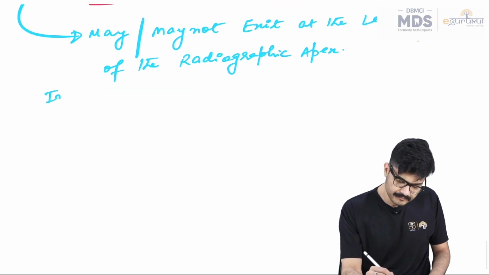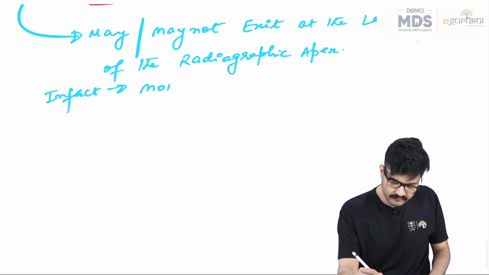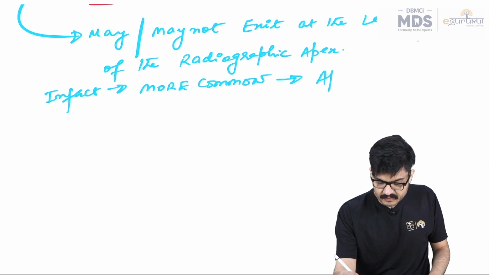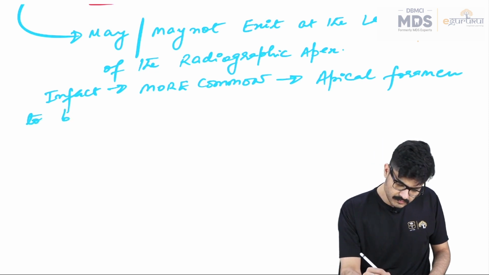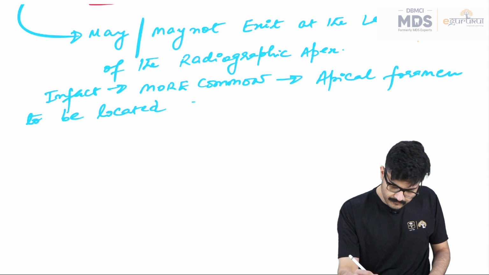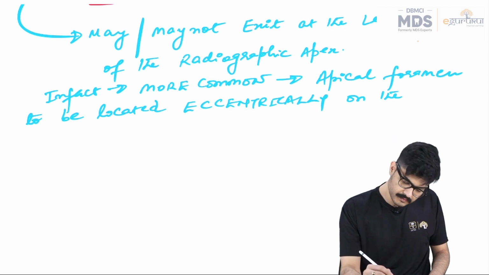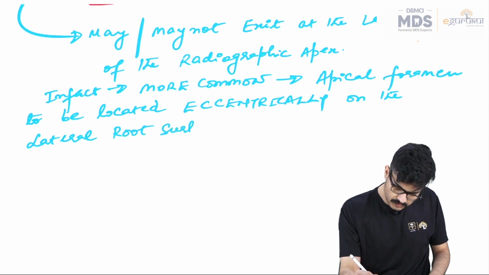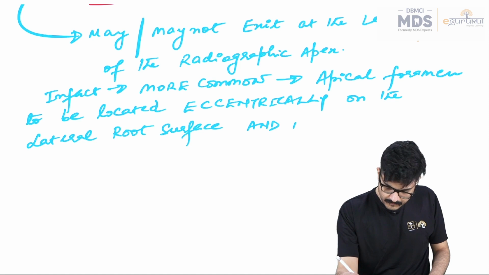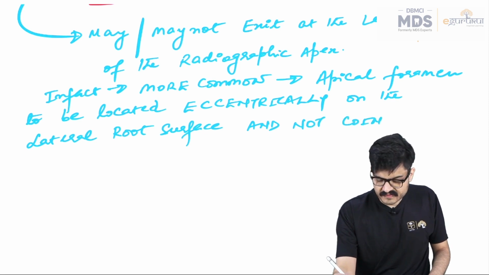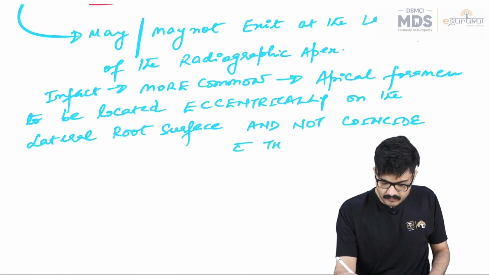In fact, it is unfortunately more common for the apical foramen to be located eccentrically on the lateral root surface and not coincide with the tip.